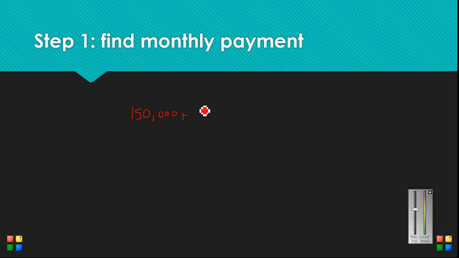times that by 0.04 divided by 12, and then all of that would be over top of 1 minus, in parentheses, 1 plus 0.04 divided by 12, in that parentheses, and then you would have a negative 12.